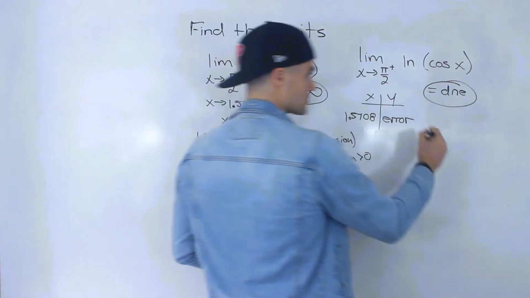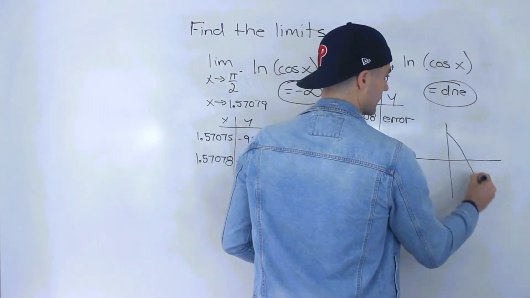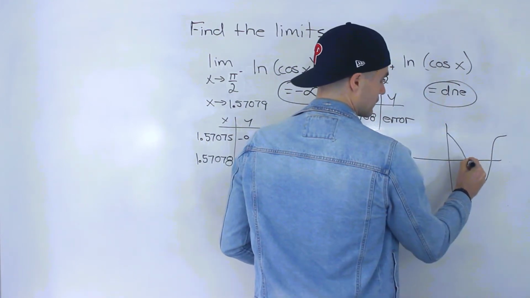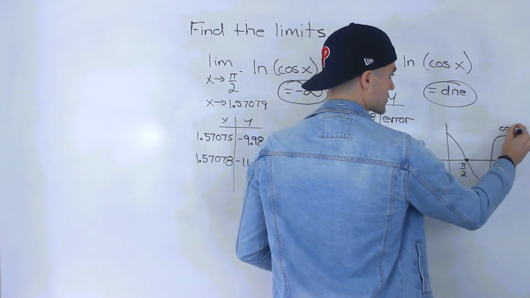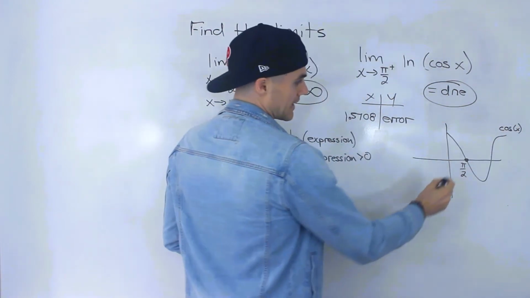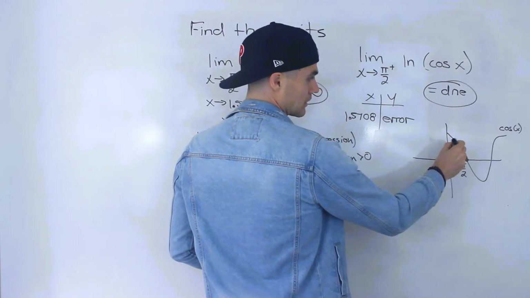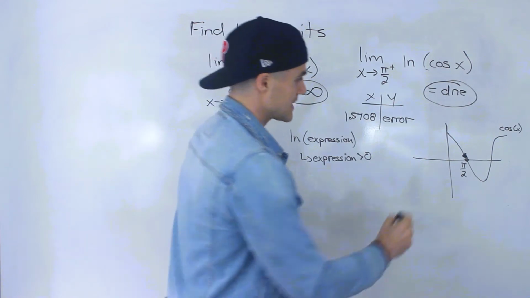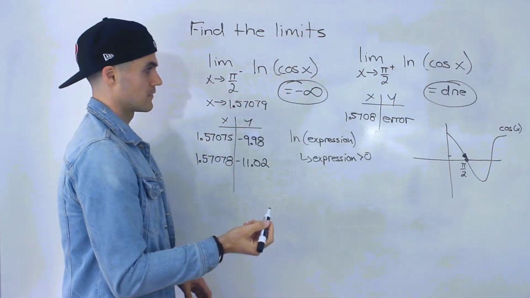And so cos x, if we graph it, and more specifically, if we look at what's happening at pi over 2, this graph here is cos x. Notice that as we approach pi over 2 from that left side, all of the y values are going to be positive there.